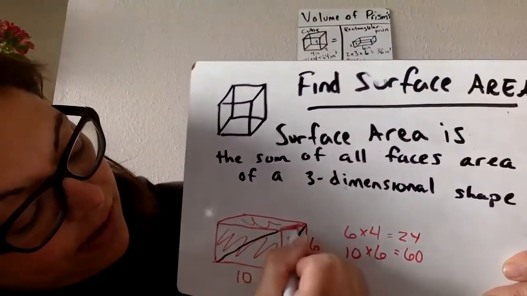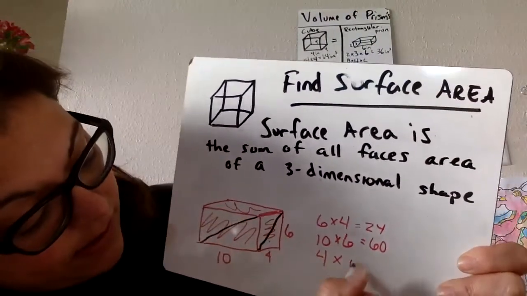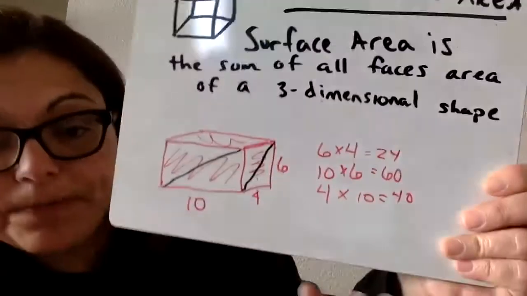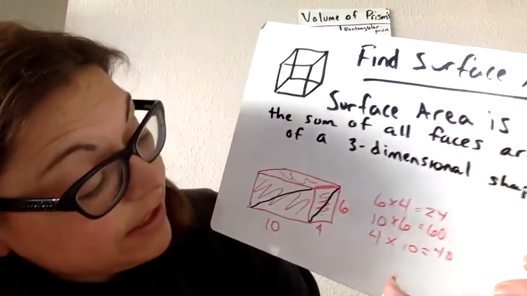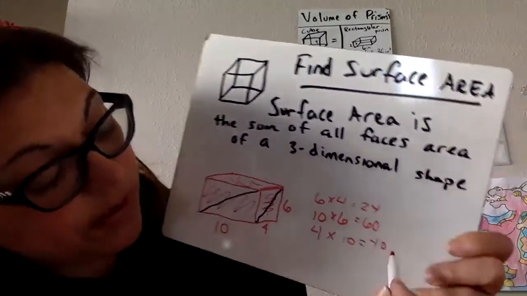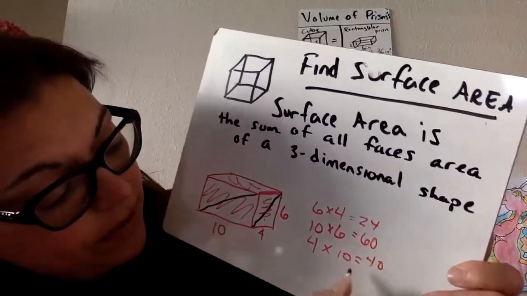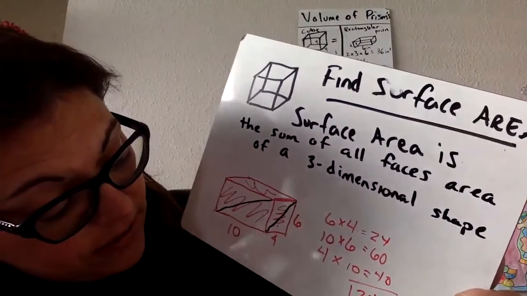I know this here is 4, and that is 10. So my area there is 40. Am I done? No, not even close. So what I need to do is I'm going to add all these up. Okay, so let's add them up. These are easy numbers. So I have 40 plus 60, we know it's 100, plus 24, and we get 124, and we know we're in inches squared.